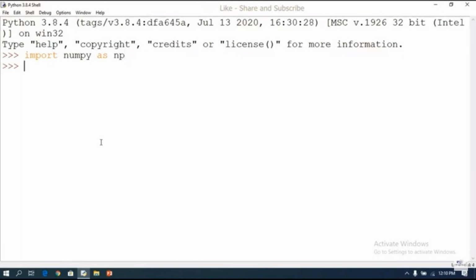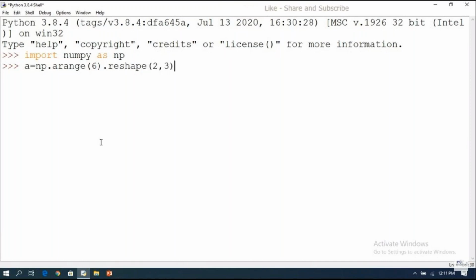So import numpy as np, and now I will create one array in NumPy. For creating an array, we'll use some function, right? An arange function. We'll use arange and reshape it. So a is equal to np.arange of 6 values, and I'm reshaping it to 2 comma 3, so that there are two dimensions with 3 elements in each.